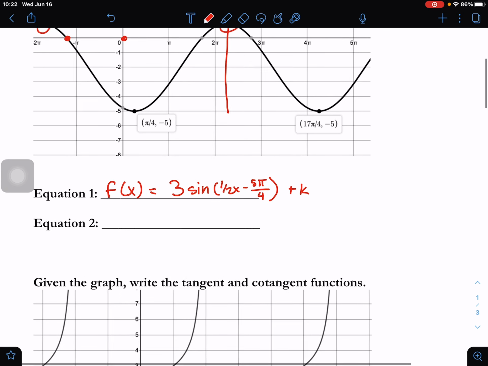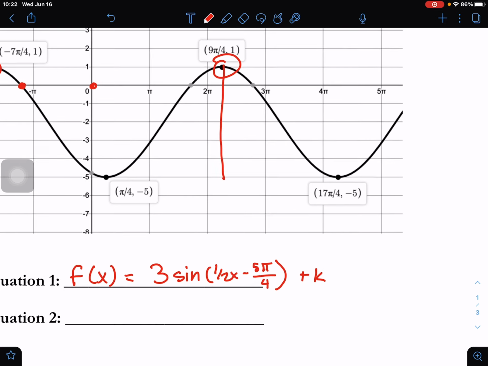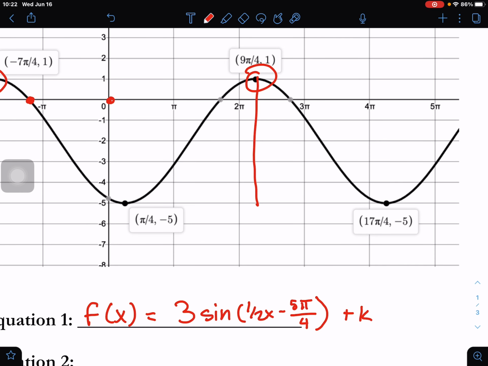Then lastly, our k. That means that if this were to be a normal function, it would look something like this. Let me draw this better. It would look like that.